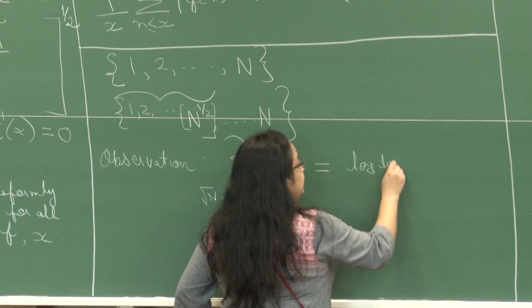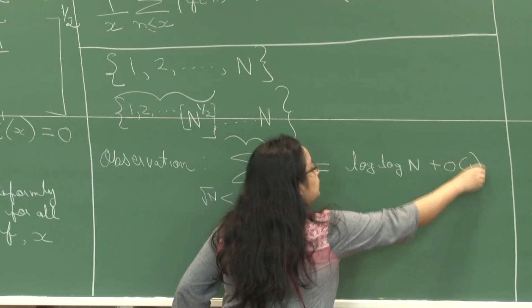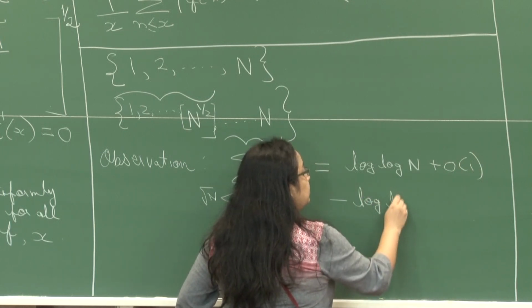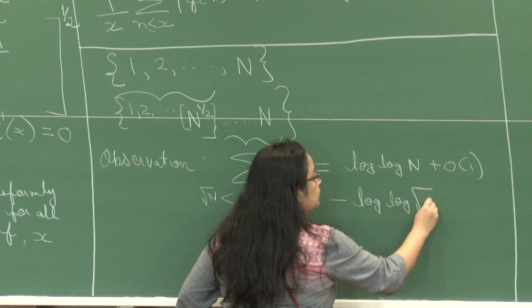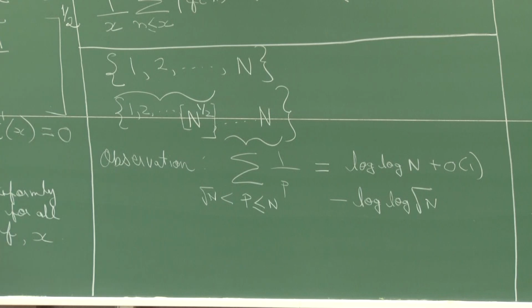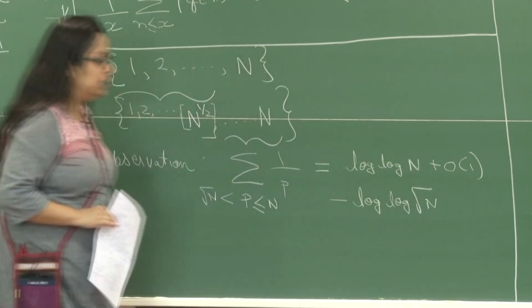So log n plus O of 1 minus log root n plus O of 1, which gets absorbed in the error term that we've already written. Now what is this difference, log n minus log root n?